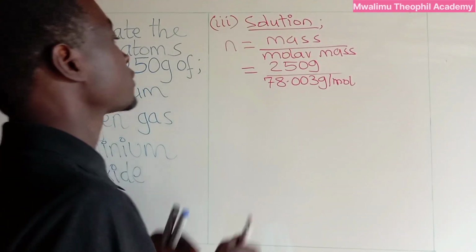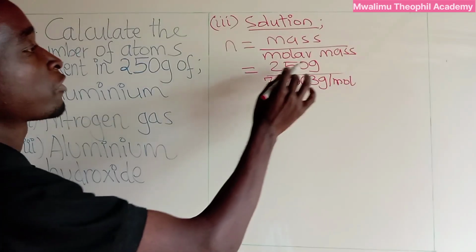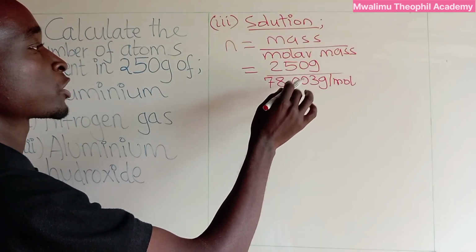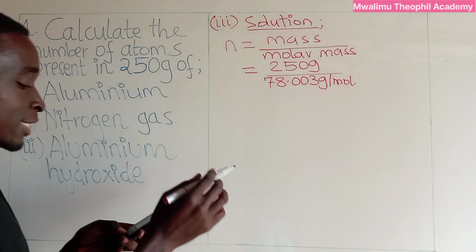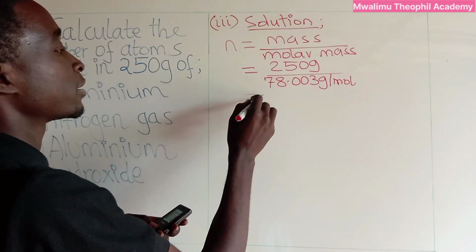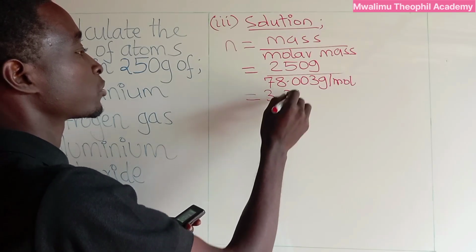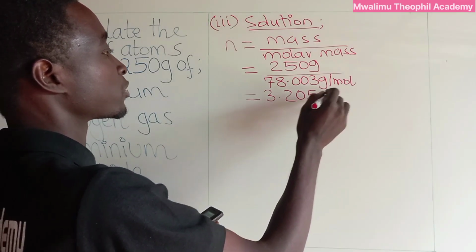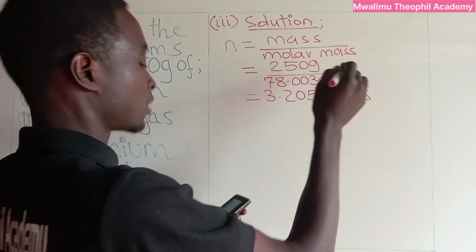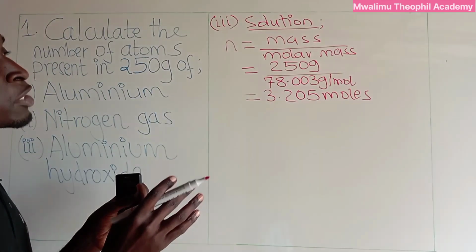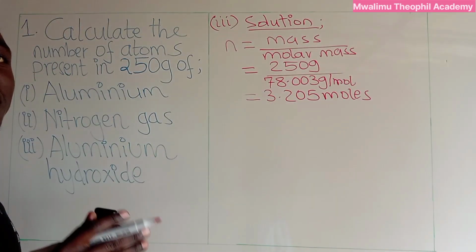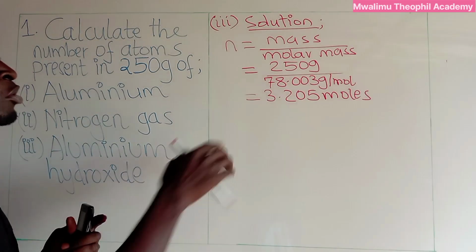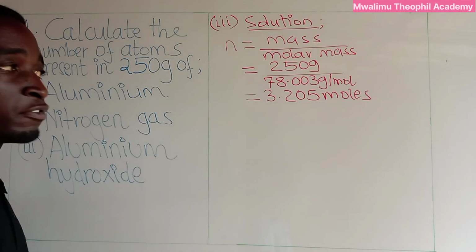Let us compute this. When you take 250 grams over 78.003 grams per mole, you get 3.205 moles. Now, the number of moles present in 250 grams of aluminum hydroxide is equal to 3.205.